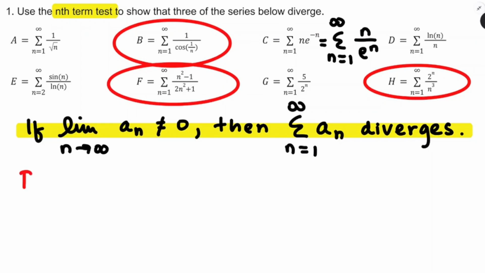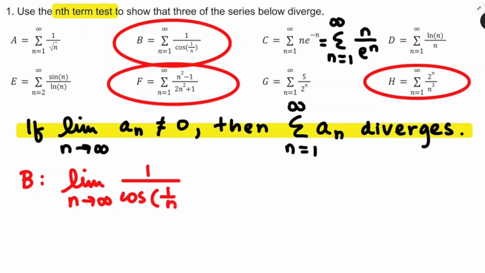For B, I'm going to say the limit as n approaches infinity of 1 over cosine of 1 over n. I can take that limit because as n approaches infinity, this fraction approaches 0, so I'm approaching 1 over the cosine of 0, which is 1 over 1. That's not 0, so B diverges.